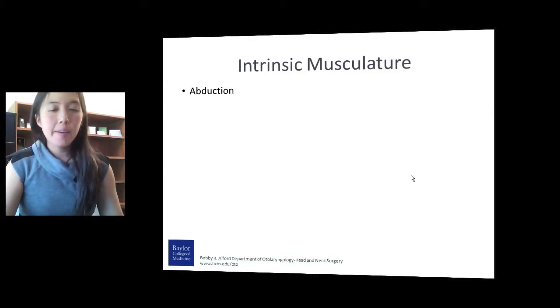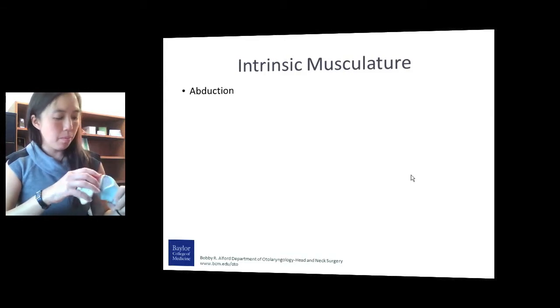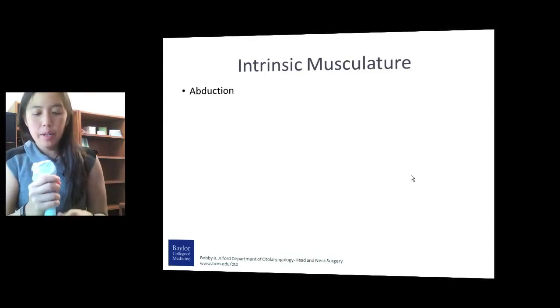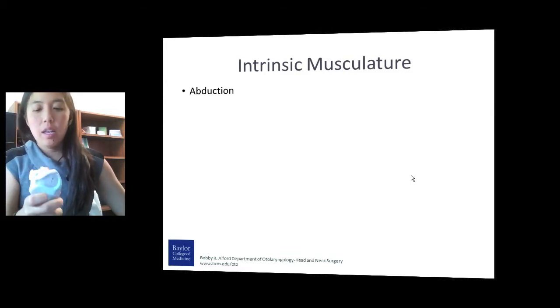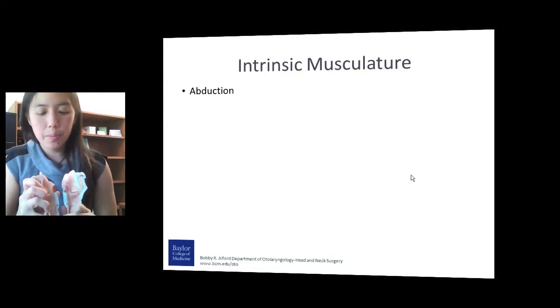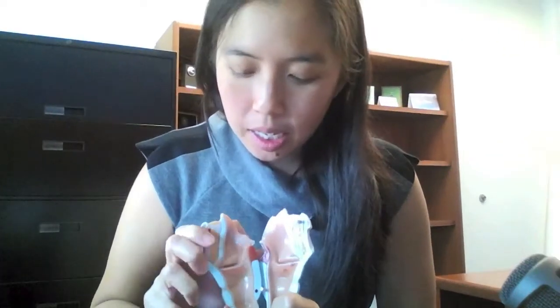The vocal folds are located within the larynx. So we can look at our model, take our model apart, and in sagittal view here, you can see this structure is known as the epiglottis.